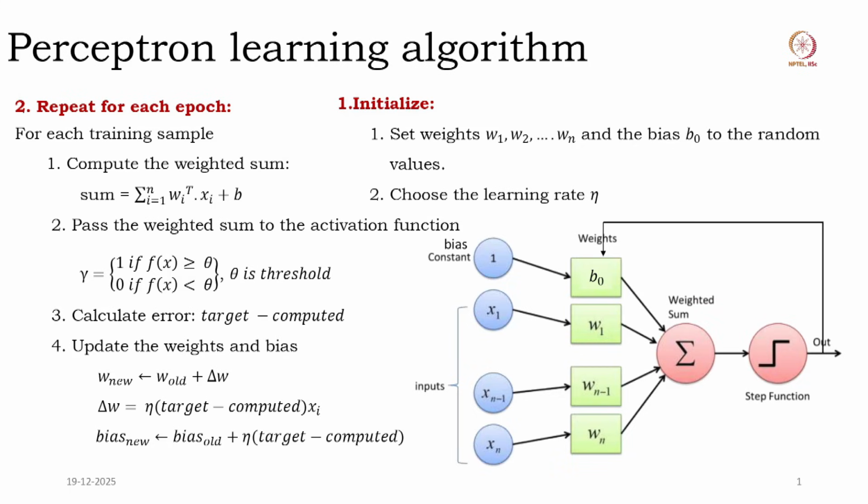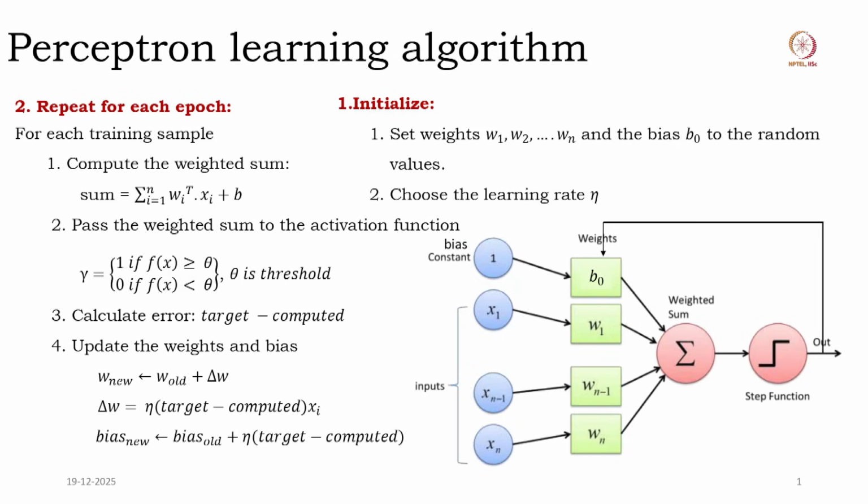So once you initialize the weights and bias, what is it that we are going to do? For each of the input values, we first compute the summation, the weighted sum. It is x into w, and if you have multiple inputs, it is w transpose x.